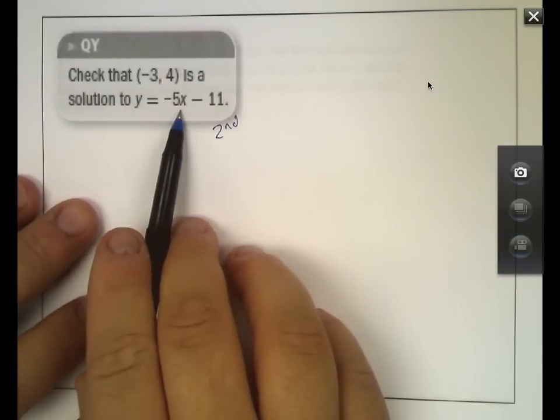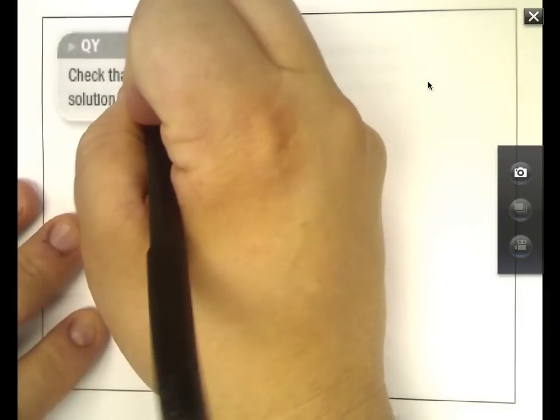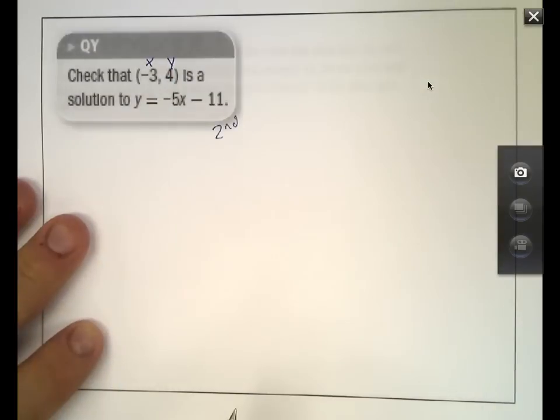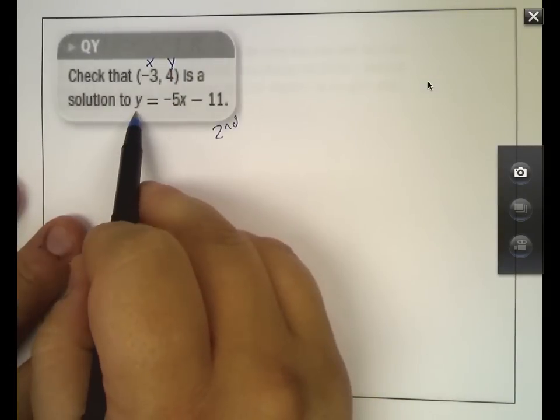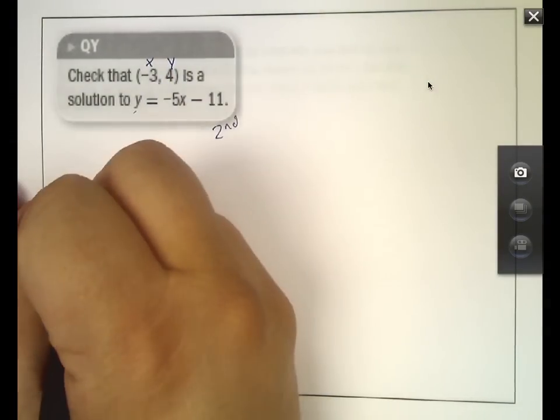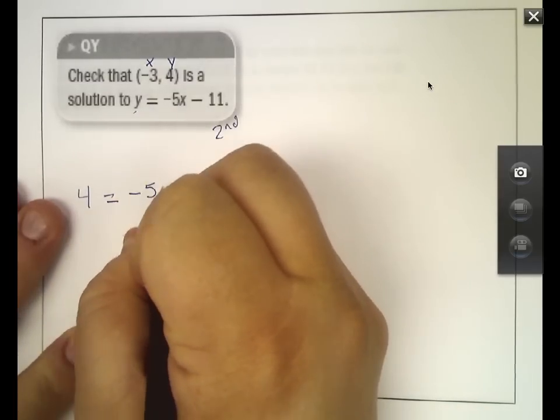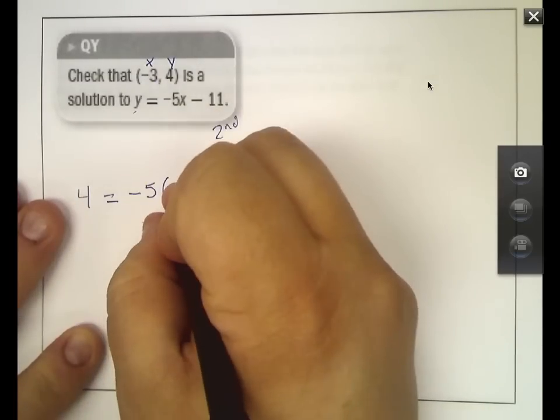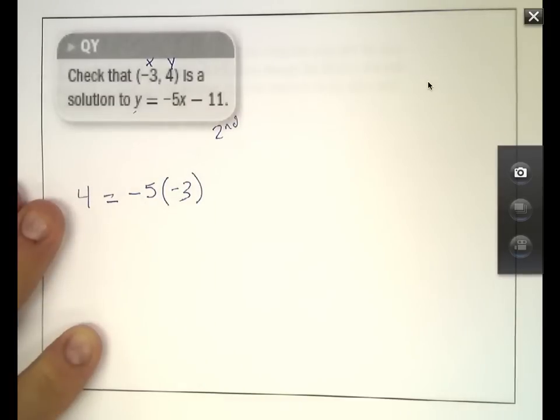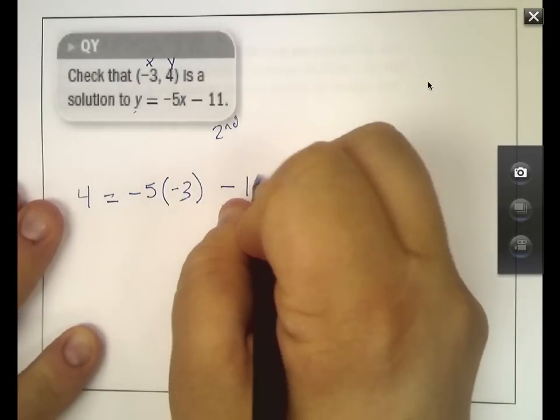So let's see if it works. This is my x, this is my y. So y is now 4 equals negative 5 times x. X is now negative 3, minus 11.